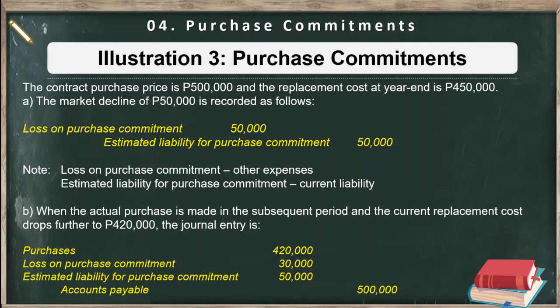Sa 450,000 pa lang daan na nakay-alkansi nga 50,000 plus samot pa dyan siya kaubos na himo siyang 420,000. So pila na may total nimo nga nalugi adto, that would be 80,000. Lugi because you're going to pay still the original contract price nga 500,000 but the value of the inventory is lesser. So that's why there is additional loss on purchase commitment because of the further decrease in the replacement cost.